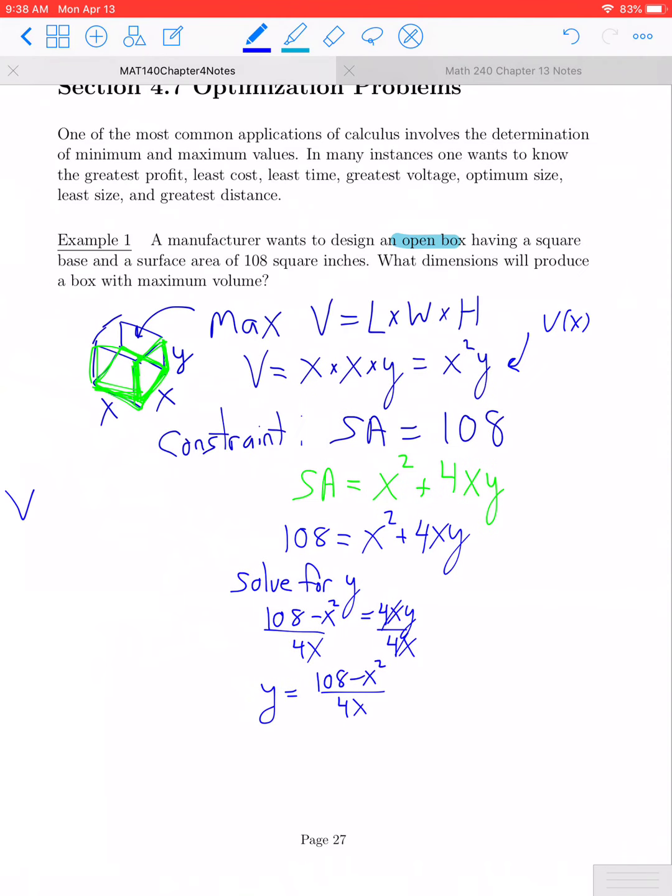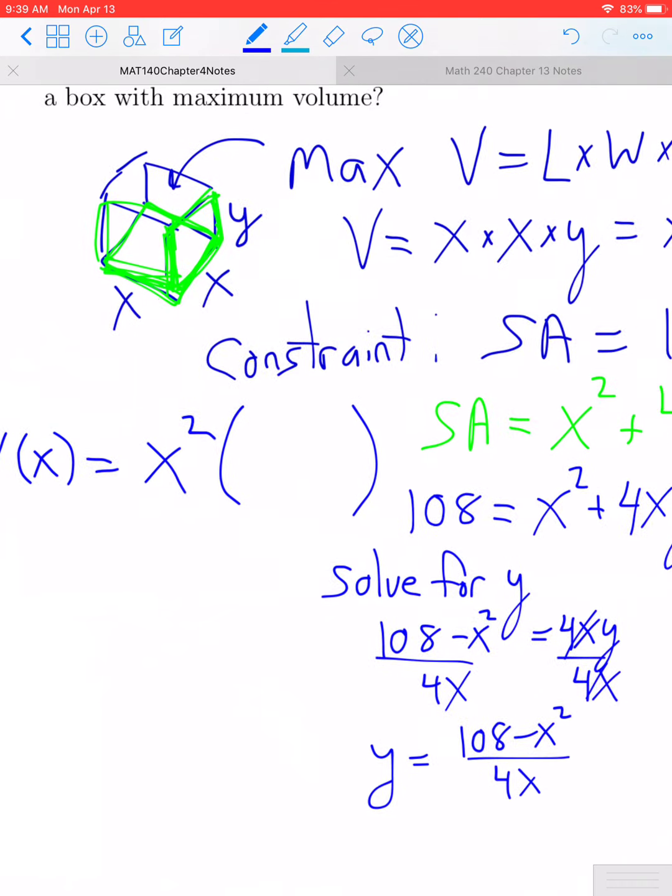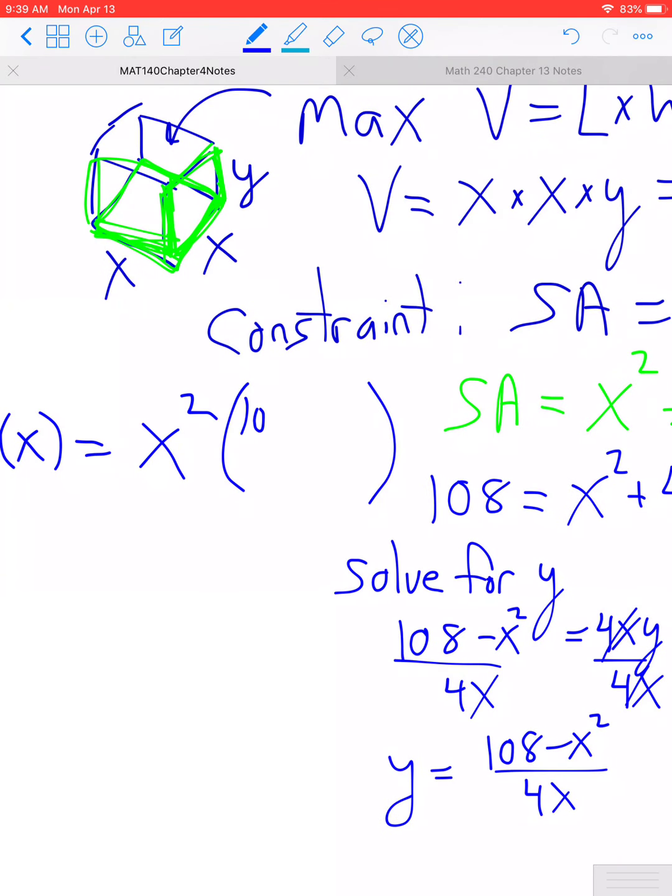So we can write volume as just a function of x. V as a function of x is going to be equal to x squared times y, where y is (108 minus x squared) divided by 4x.